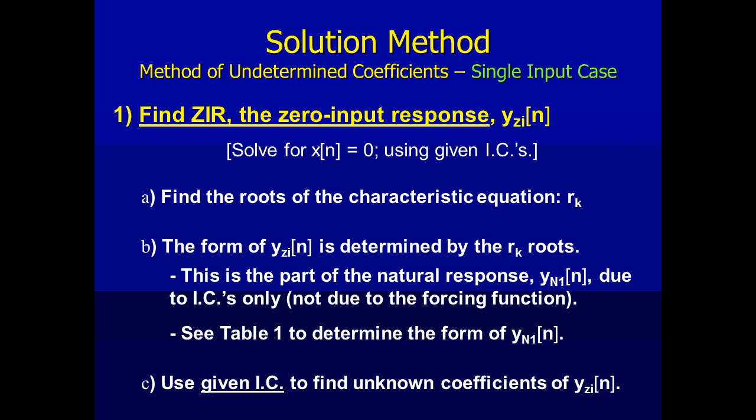So minus 2k must be 2. So k must be minus 1. So the zero input response looks like it's going to be minus 1 times minus 1/2 to the n. And if you like, starting it at n equals 0.